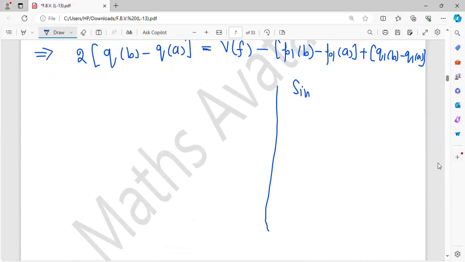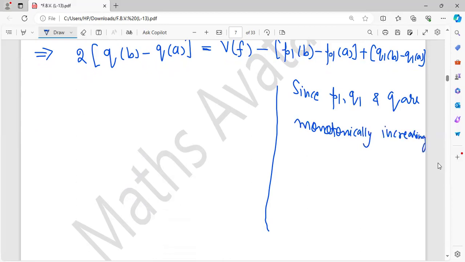Since p1, q1 and q are monotonically increasing functions, they are functions of bounded variation, and their variation is given by Vp1 is equal to p1b minus p1a.